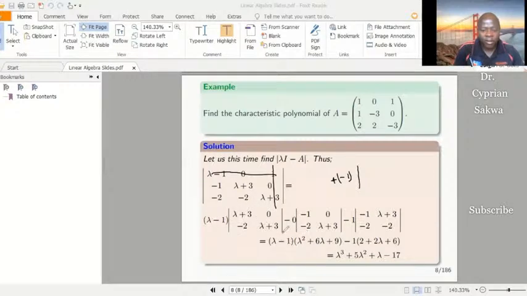When you find this determinant, I found it to be lambda squared plus 6 lambda plus 9. Let me do it for those who have problems with it. It is just lambda plus 3 times lambda plus 3.